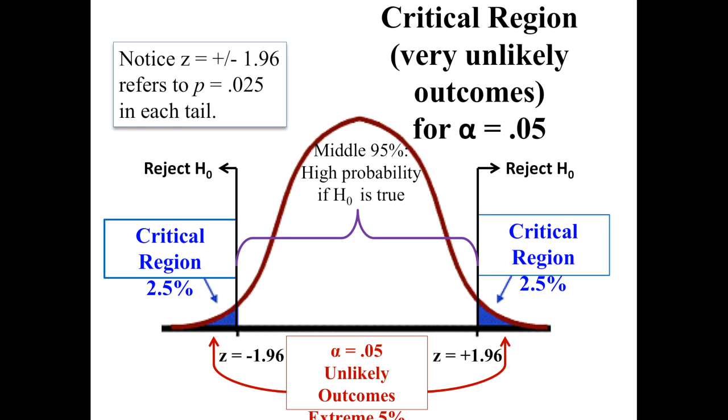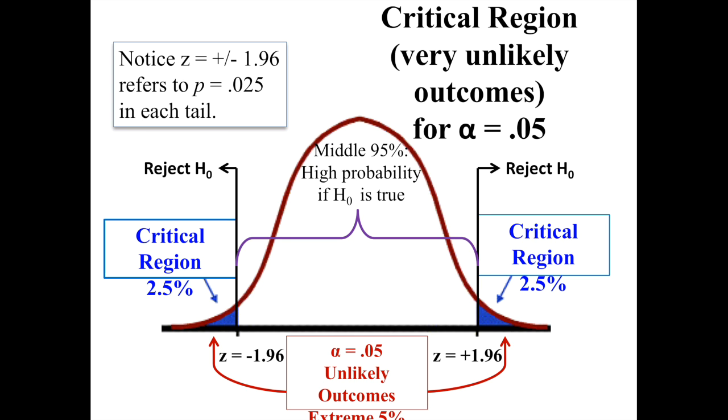So what we're doing here is, if you set your alpha at 0.05, you'd have a 5% chance in one tail. But since it's a two tail, we have to split the alpha: 2.5% on this side and 2.5% on this side. 2.5% converted into a decimal is 0.025, and 0.025 gives you a z of 1.96.